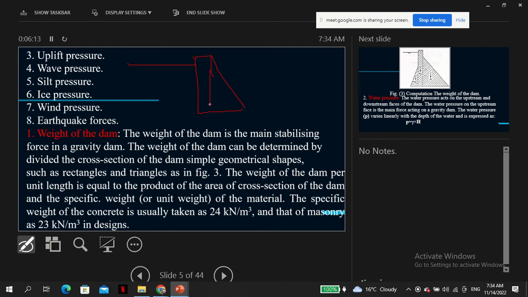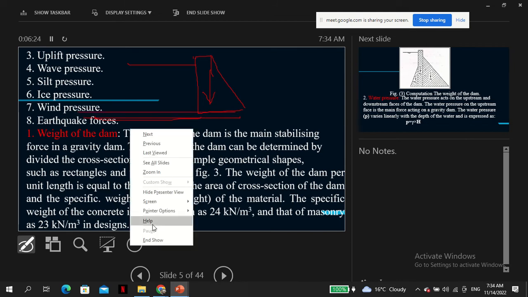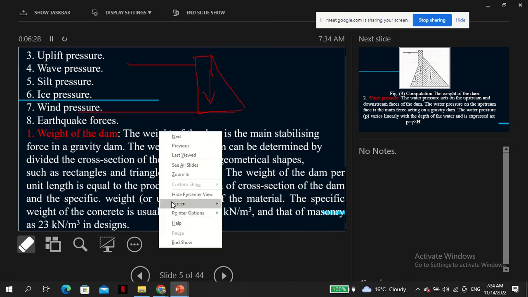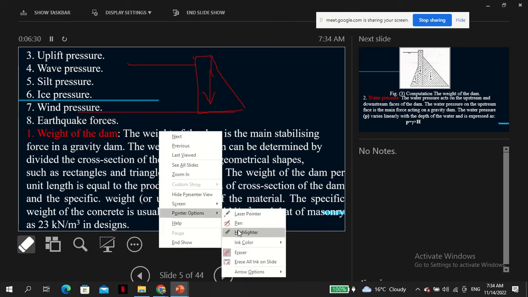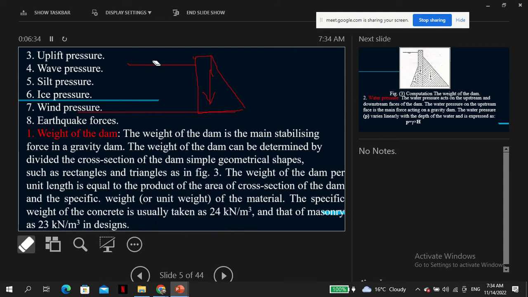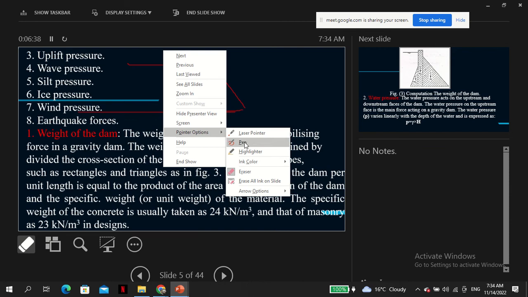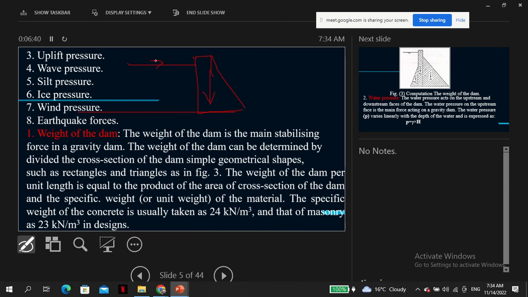This thing has its weight. That's the point. And this is your substratum. So this is the water.